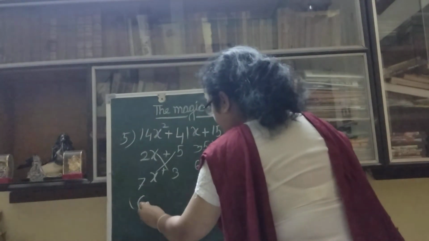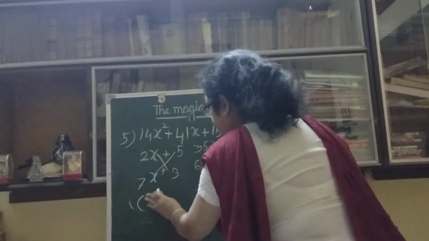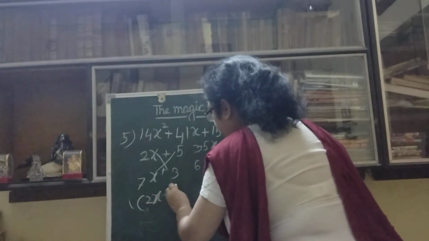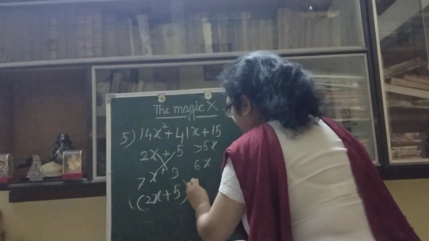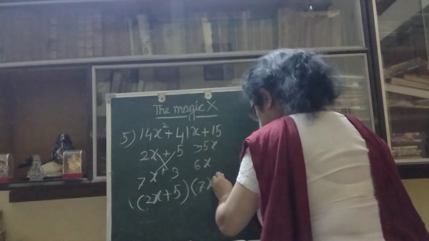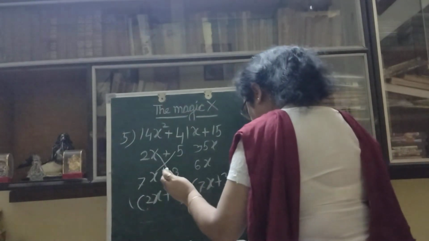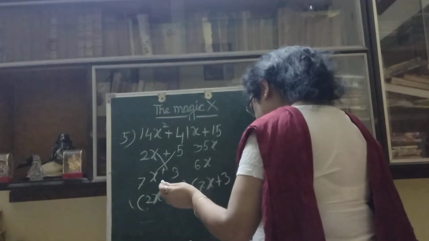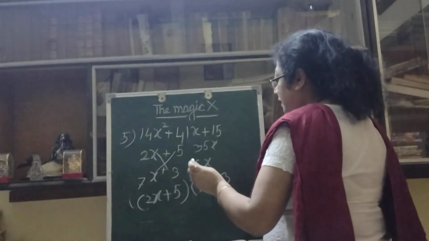So your answer is 2x plus 5 and 7x plus 3. 2x plus 5 and 7x plus 3. Clear it is?